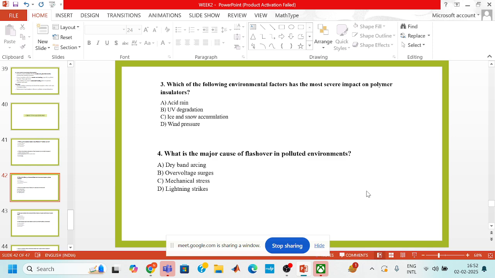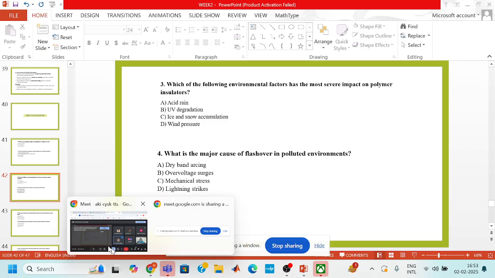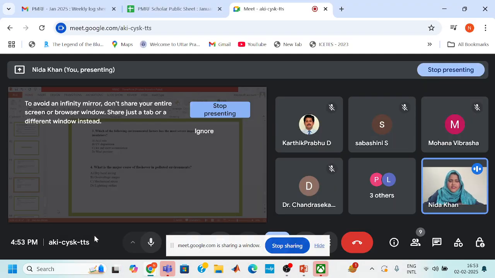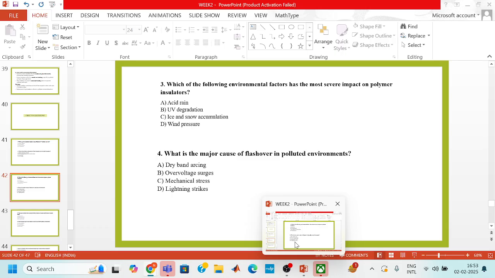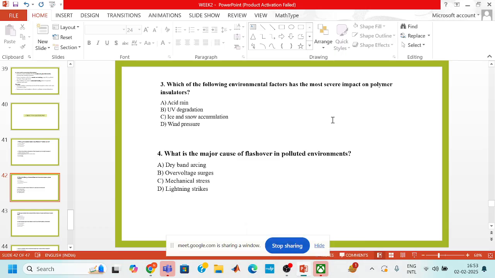B, UV degradation. Anyone else? Mohana, Sabasini, are you there? Okay, it's UV radiation, that is the severe impact on polymer insulators, caused by ultraviolet degradation.